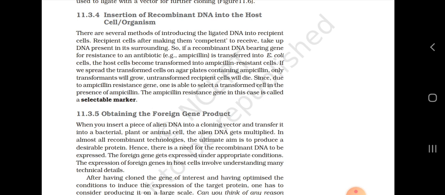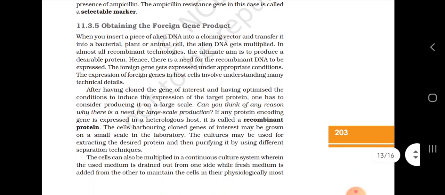That means it is a continuous process. It is not a stagnant process. From one side it is being added and from the other side it is being extracted. So in the large scale method, larger biomass is produced, which leads to high yield.